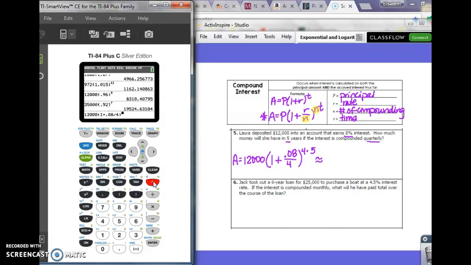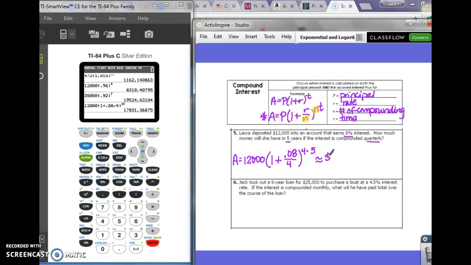Now your exponent is going to be 4 times 5, which is 20. I usually go ahead and make that calculation in my head if I can, because sometimes I am careless to not enter that exponent correctly. And again, to 2 decimal places, that gives me $17,831.37. So as long as you know where to put those values, these problems really are not bad.